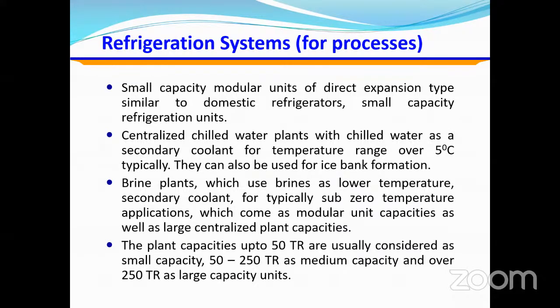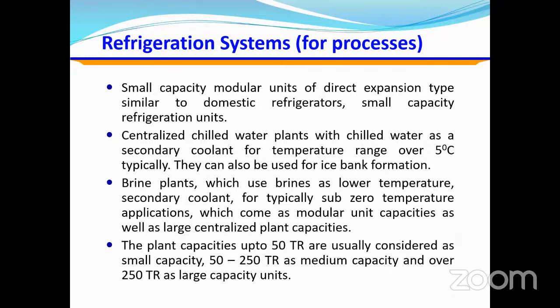So here TR means ton of refrigeration. In HVAC system, we call capacity as TR, ton of refrigeration. So for example, for window AC, we call 1 ton, 1.5 ton, 2 ton. In the case of split AC also, 1.5 ton, 2 ton, 3 ton, and so on.